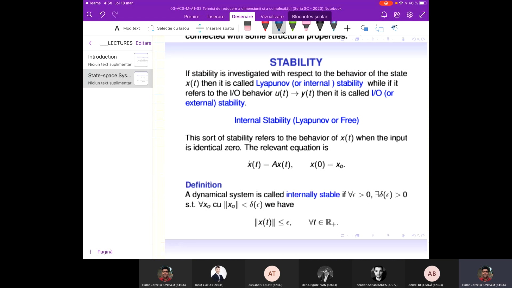One of the crucial properties of state space systems, or of systems in general, is the property of stability. I showed you that when I was discussing the pendulum. The hanging equilibrium, the zero equilibrium of the pendulum, induces the idea of stability because the system is always returning to that type of behavior.